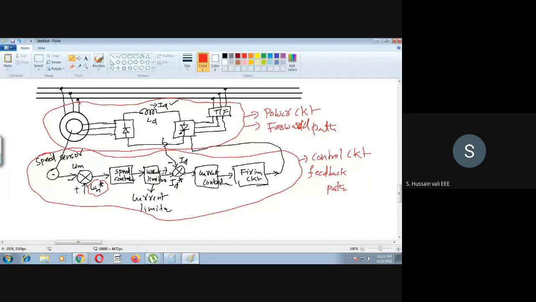Then that goes to the current limiter. This current limiter will tell what is the reference value of the current here. Which current here? This inductor current. Then the actual inductor current we will compare. If there is error, then that goes to the current controller. After that it goes to the firing circuit. So you need a firing circuit here for your thyristors, because you have the thyristors here. That firing circuit's input you are getting from the current controller. So this is the closed path.